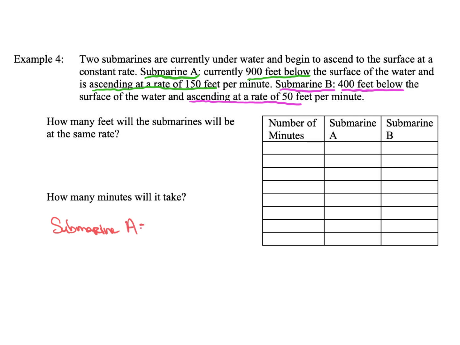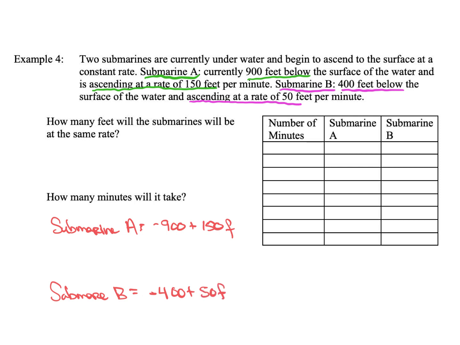So submarine A starts at 900 feet below sea level. So let's start with negative, and it goes up 150 feet per minute. And submarine B starts at 400 below and rises at 50 feet. Okay.